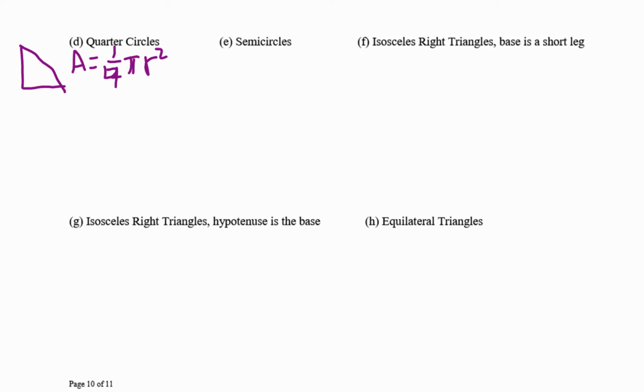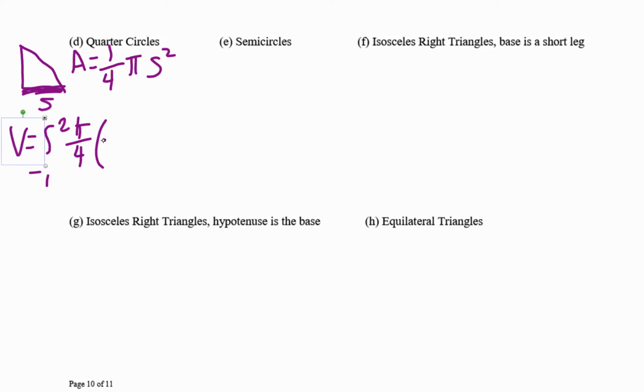And our radius is given by this, which is S. So it's really 1/4 pi S squared in our case. So our volume would be given by this integral. Pi over 4 times S squared, 2 plus x minus x squared.